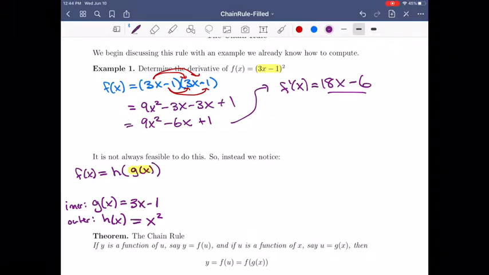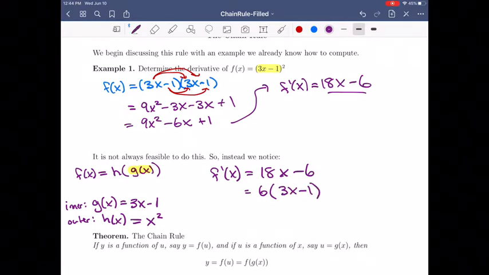Now if I rewrite f prime of x, what we already know, the derivative is this. I can factor out a 6, so it's 6 times (3x - 1). That's convenient, I already see my 3x minus 1.